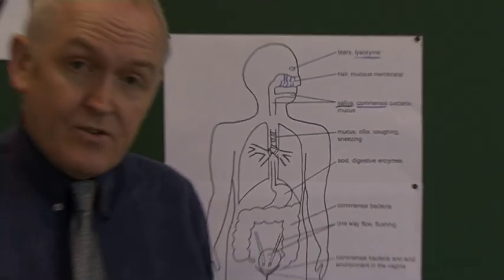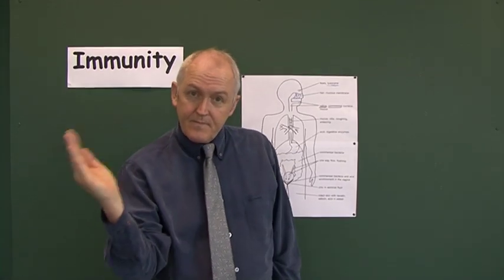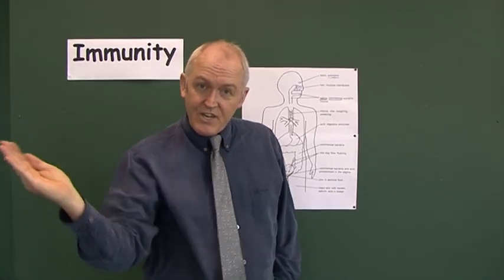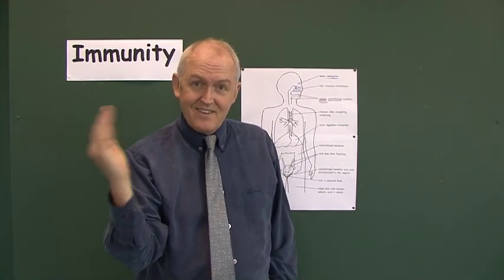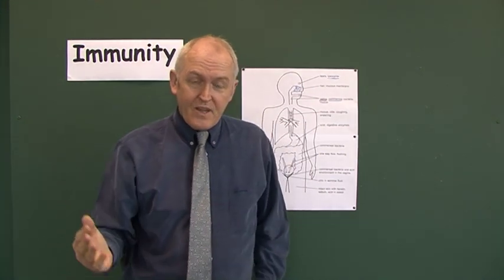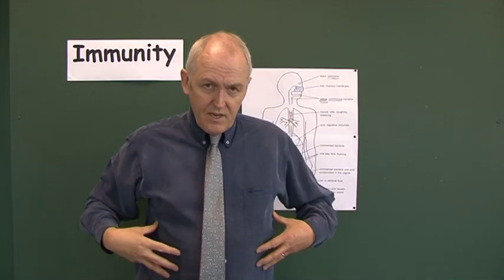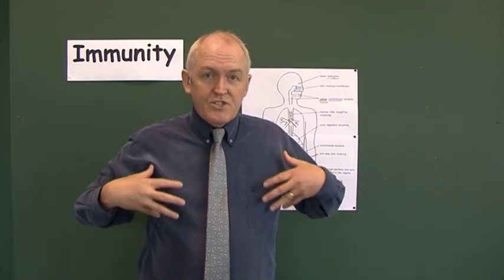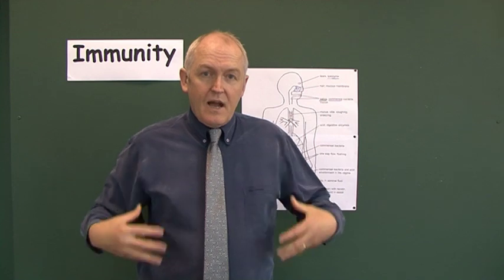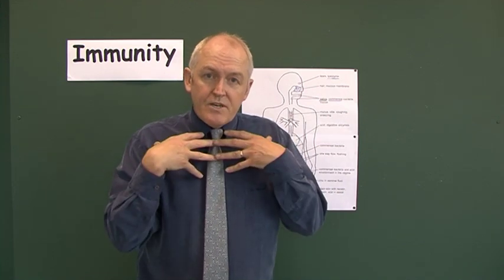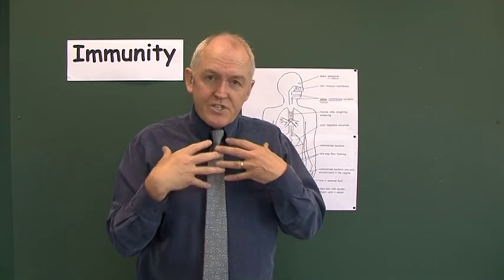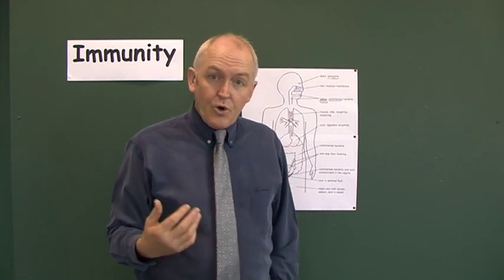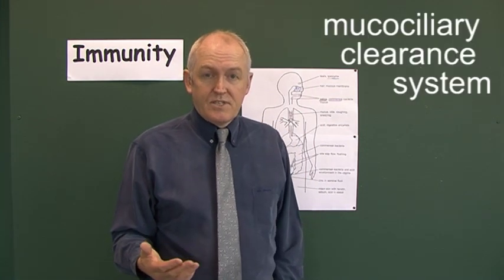So what the cilia do is they waft. They'll go slowly in one direction and waft the mucus along. So the cilia are wafting mucus from the lungs on both sides towards the trachea. And that means that the mucus is moving towards the trachea. It's called the mucociliary clearance system.